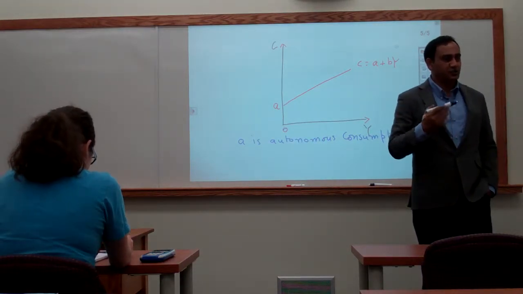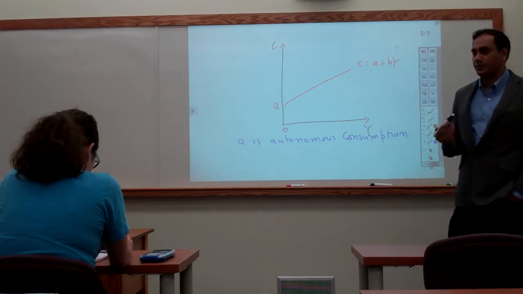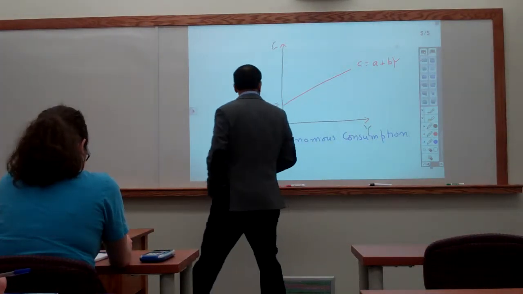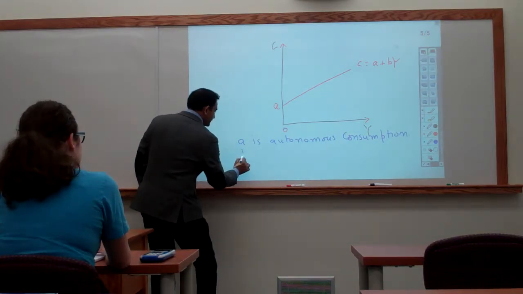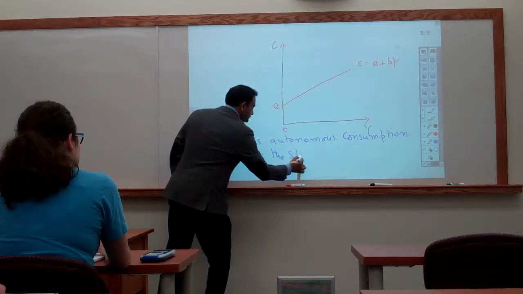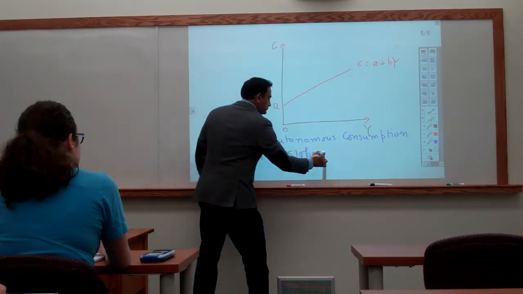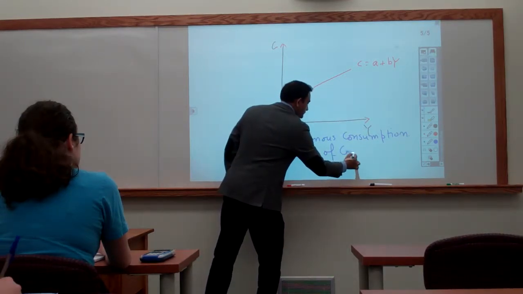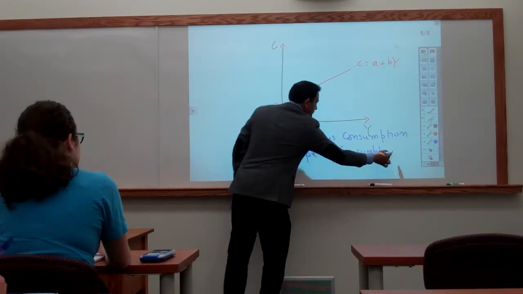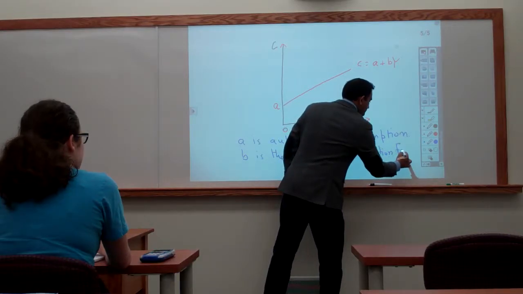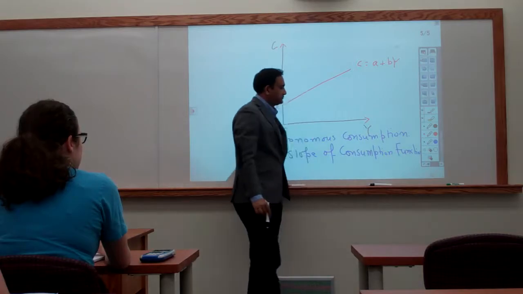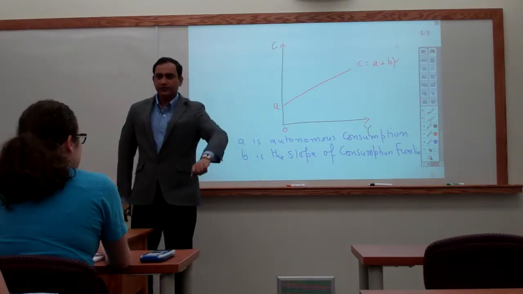So B is basically the slope of the consumption function.